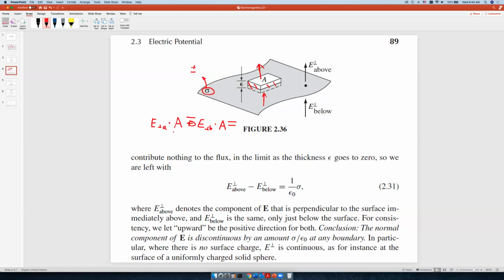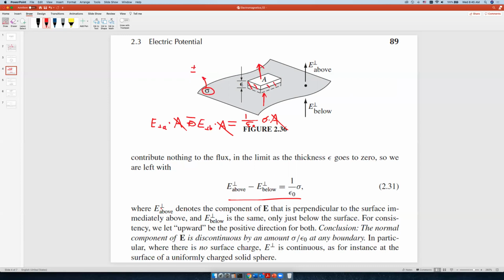So E above times A minus E below times A equals 1 over epsilon naught sigma A. Sigma times A means Q. Then you cancel all of the A, and you get the equation shown here, 2.31.